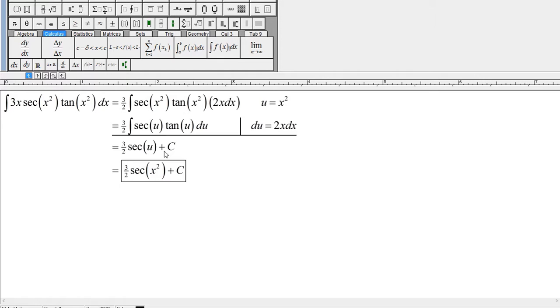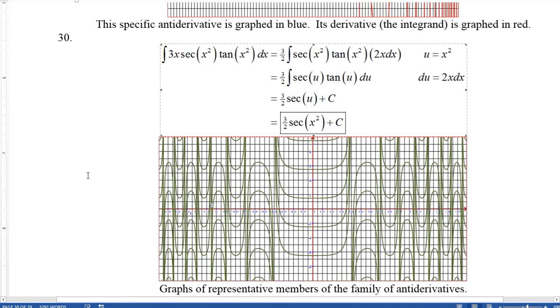Once the integral sign disappears, you put a plus c at the end. And then we just substitute back in u is x squared, so this is 3/2 secant of x squared plus c. And here we see it for different values of c. You can see about 1, 2, 3, 4, part of the 5th one, maybe part of the 6th one down here.